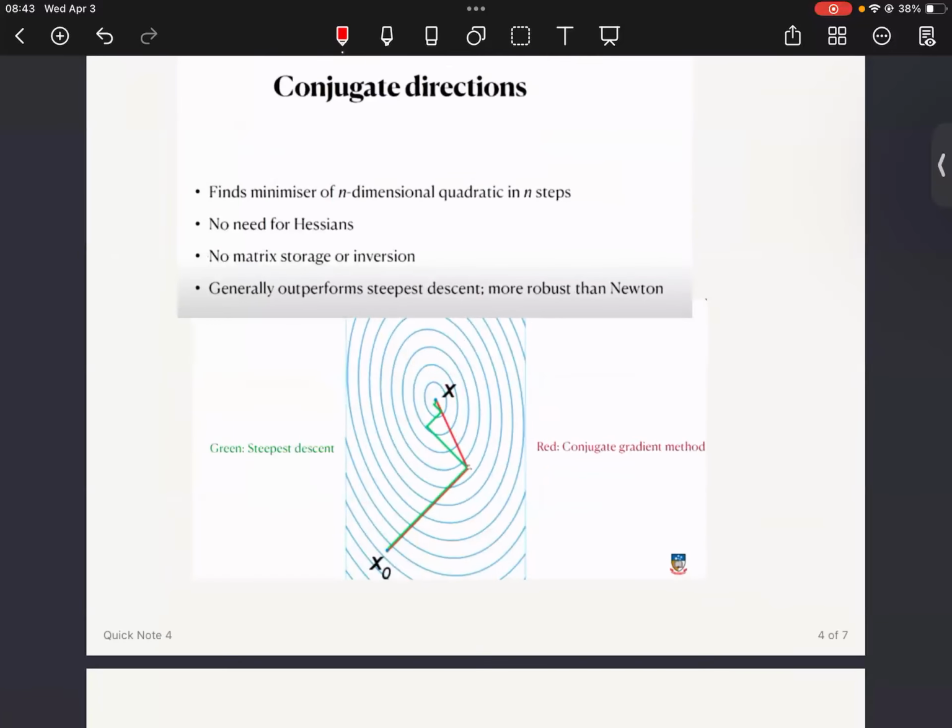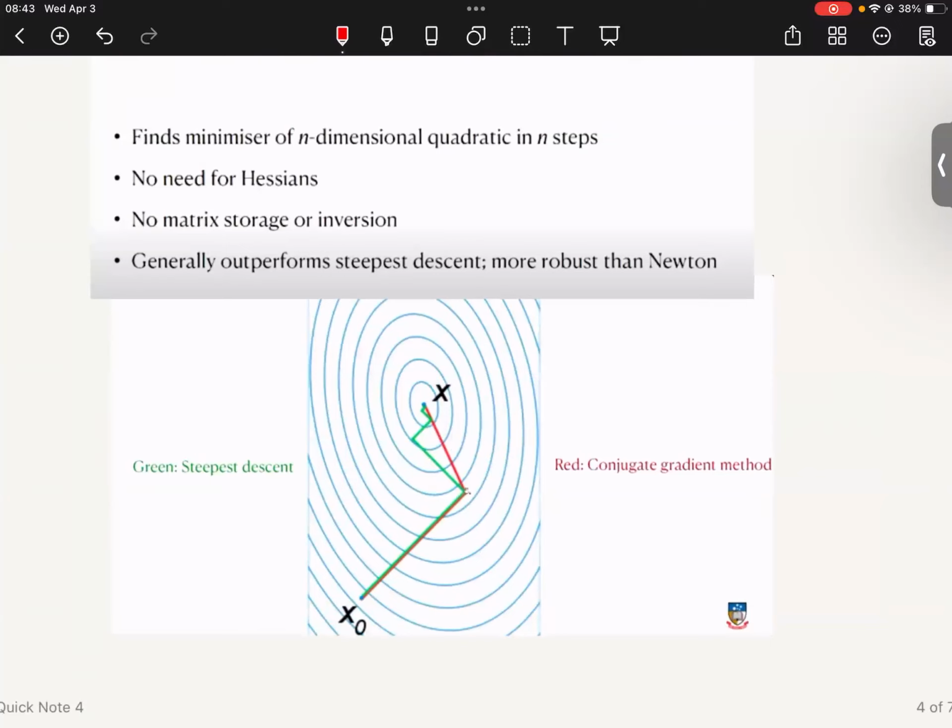We only have 7 minutes left, so let me just briefly introduce this. The steepest descent just goes in the gradient direction. You can see steepest descent here, and another name for this is gradient descent.